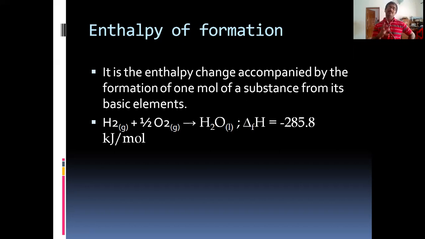For example, we can consider the complete combustion of 1 mole of hydrogen. This equation represents that. In excess oxygen, only half a mole of O2 is required. We will get H2O as the product, and delta H is equal to minus 285.8. So we can say minus 285.8 is the enthalpy of combustion of H2.